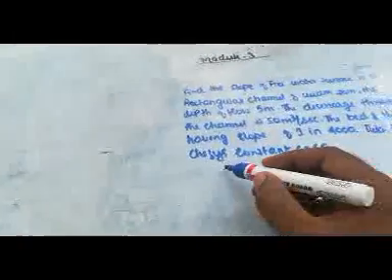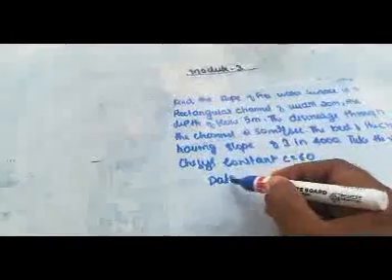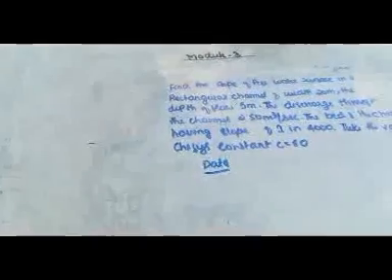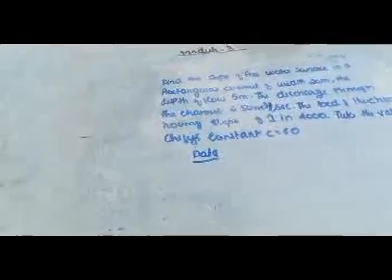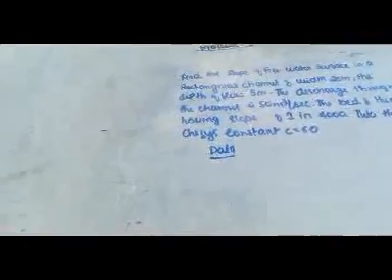So with the data given, always first you need to write the data that they have given. So what is the data given? Find the slope of free water surface in a rectangular channel.